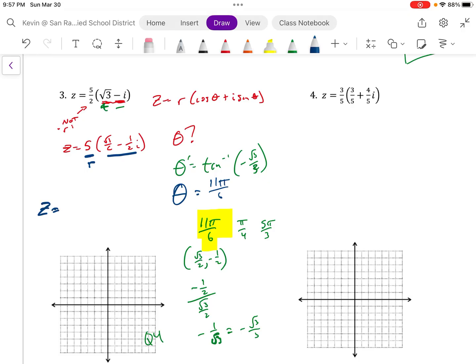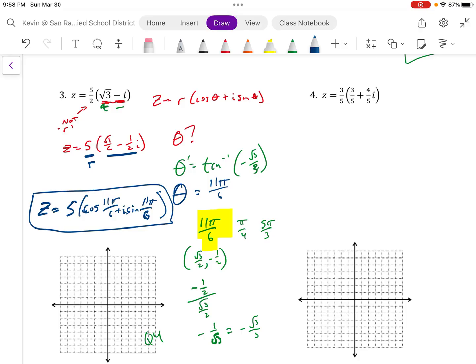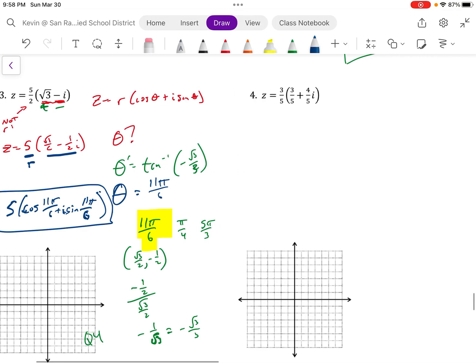That's our R. So Z equals 5 times cosine of 11 pi over 6 plus i sine of 11 pi over 6. Sorry, I made that look really ugly. It's really late. Hopefully that makes sense. I think I butchered that one a little bit.